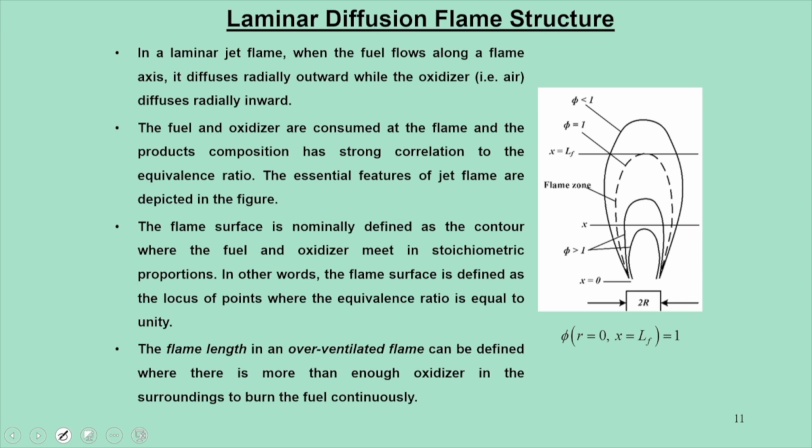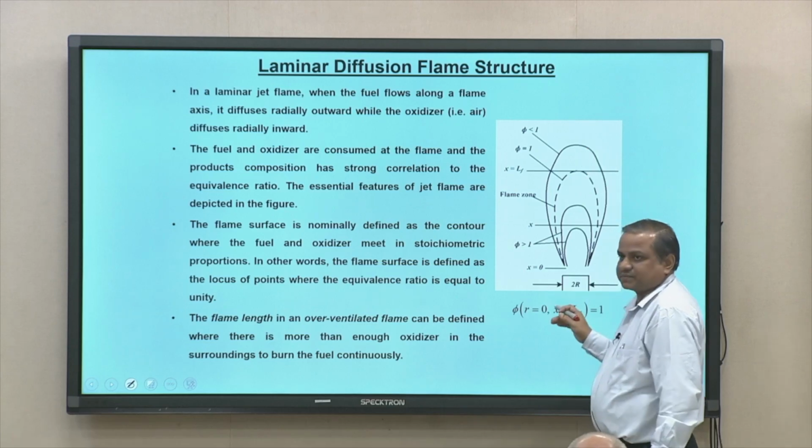So this analysis gives us some generic features for a laminar diffusion flame structure. Initially it was a jet, but one can say it's not actually a jet.